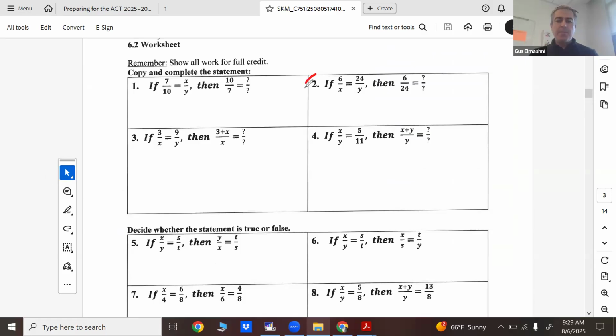So number 2 is kind of a funny problem. 6 over x equals 24 over y. Okay, fine. So you can cross multiply. 6y equals 24x, right?